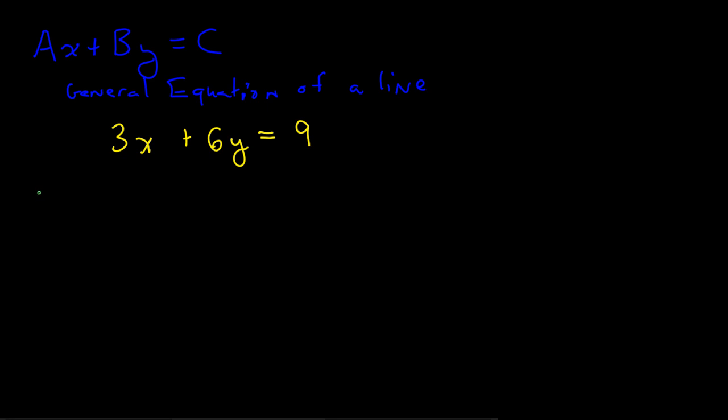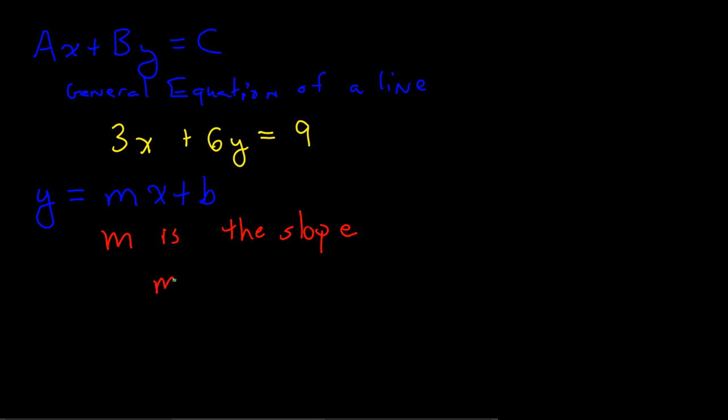Now, the form we tend to prefer is y equals mx plus b, where m is the slope. The slope is the part that describes how steep a line is.